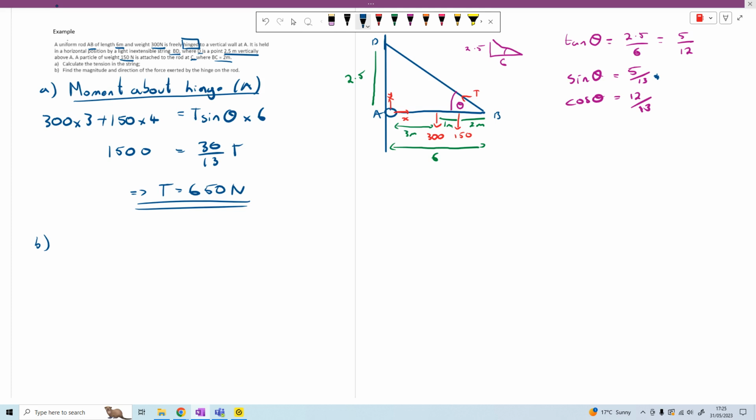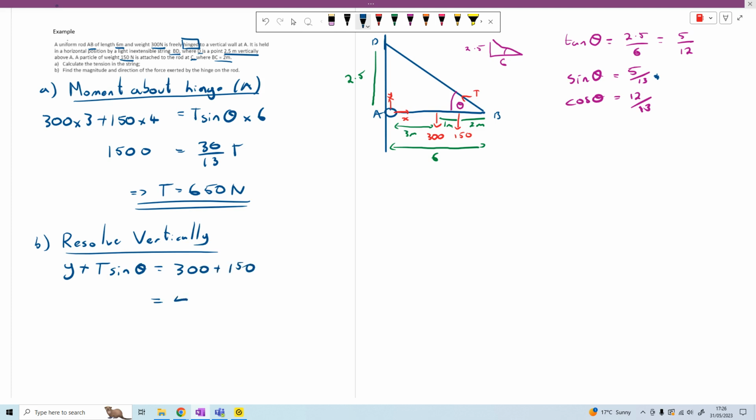So let's resolve vertically first. Okay, if I resolve vertically, things going up should equal everything going down. So things going up is Y. Also going up is the component of tension, so T sine theta. And everything going down is the 300 plus the 150.